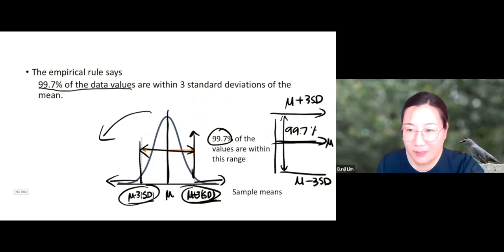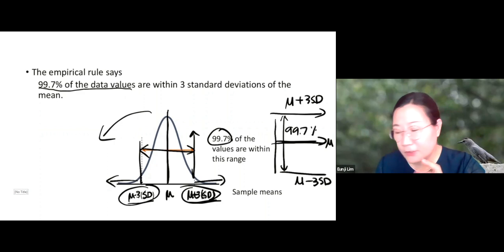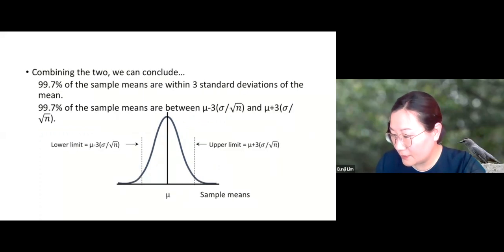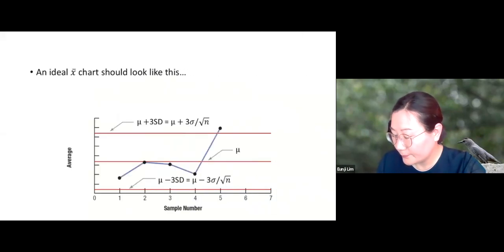99.7% of the sample means are within these two limits. So now here is the challenge.